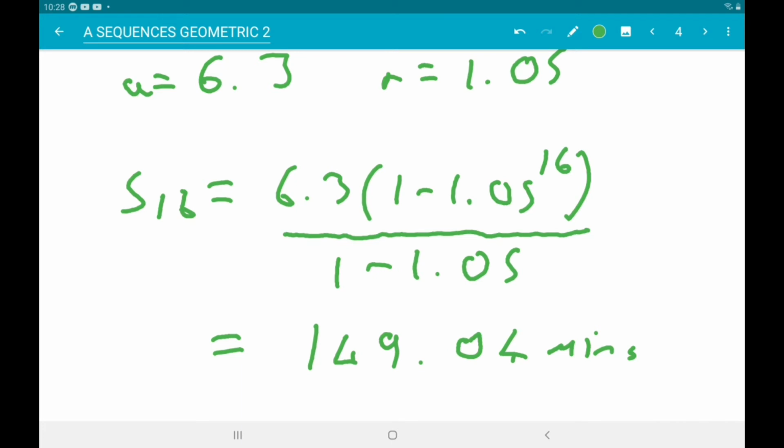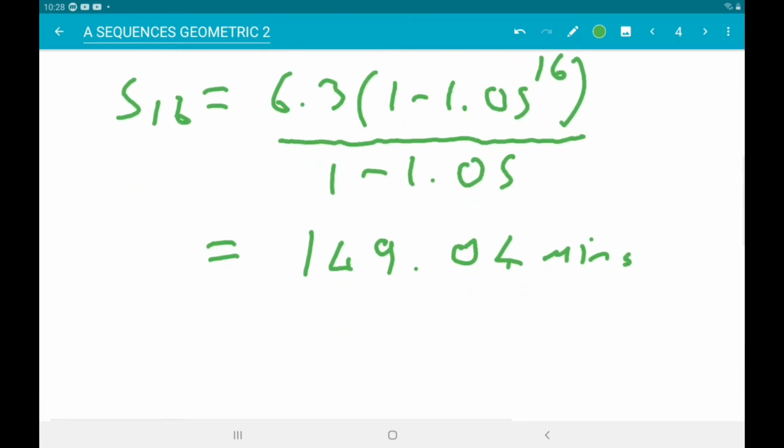Now that in minutes and seconds is 149 minutes and 2 seconds.